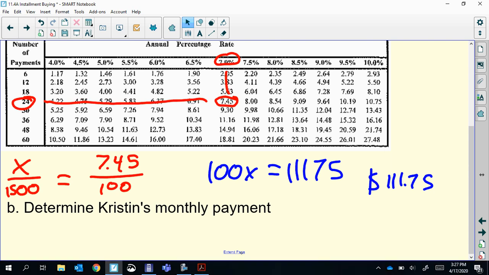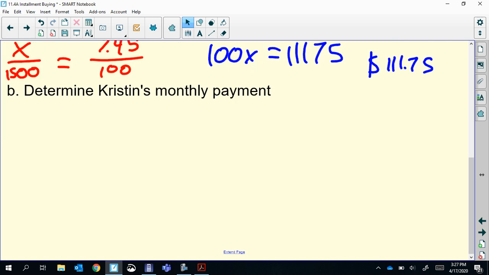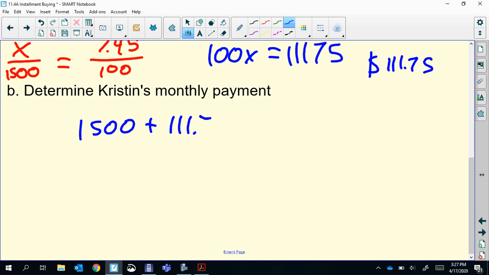So to determine the monthly payment, that's in addition to the cost of the loan. So it's the 1,500 plus the 111.75.